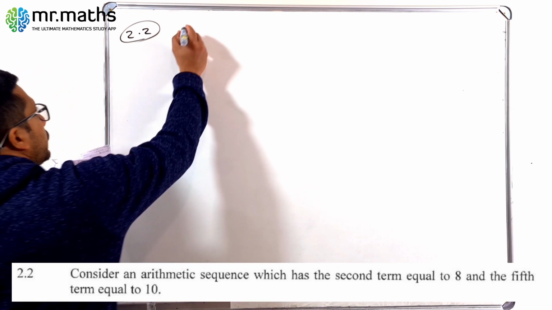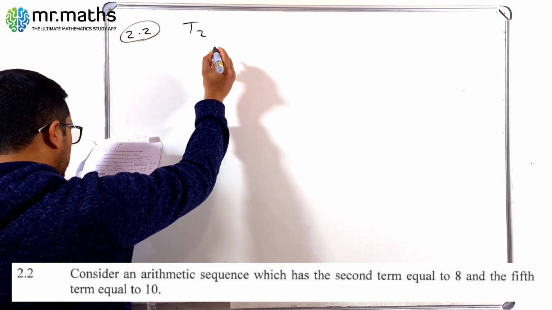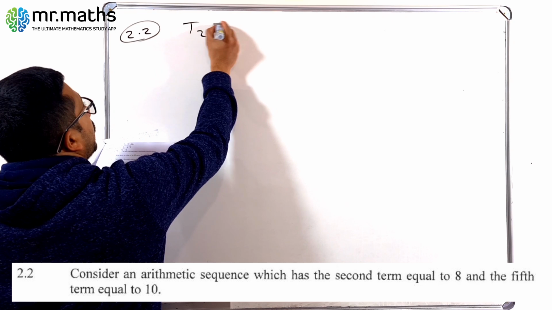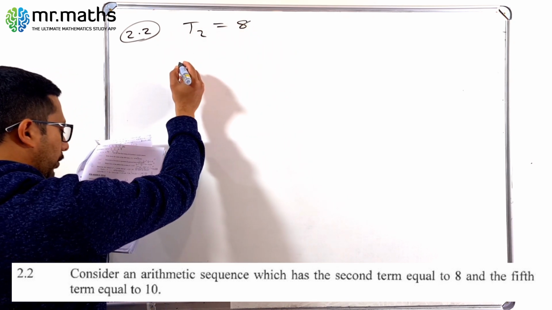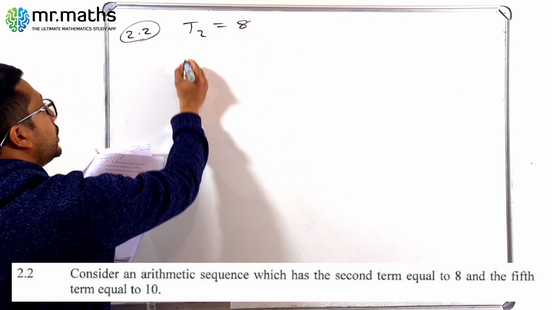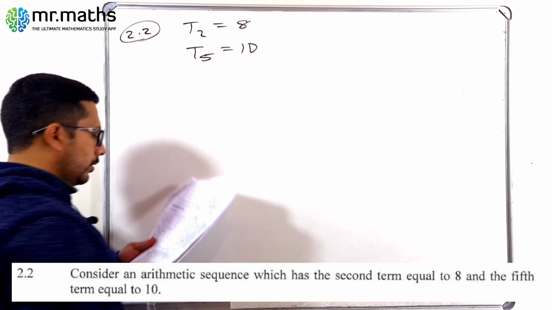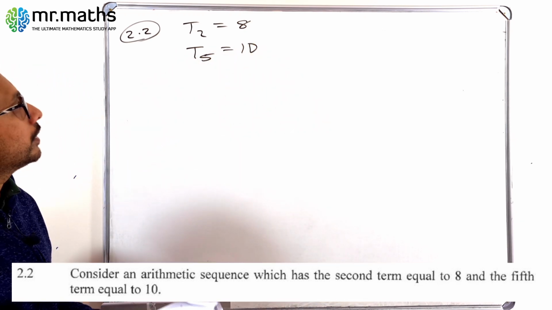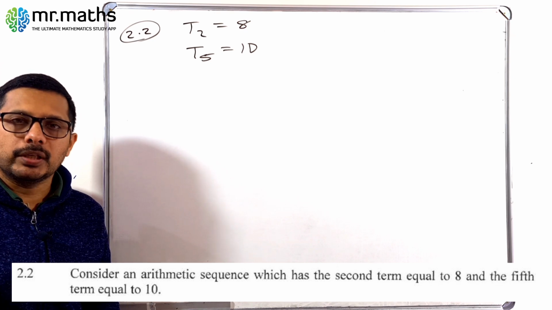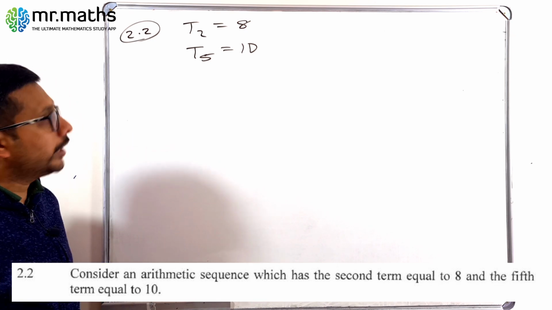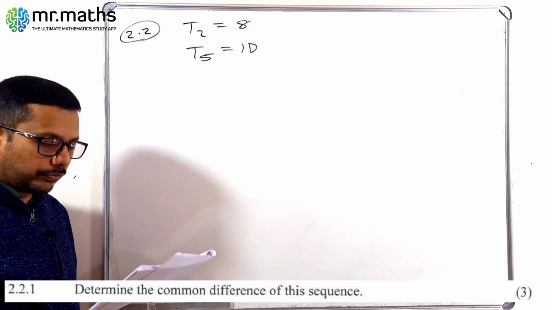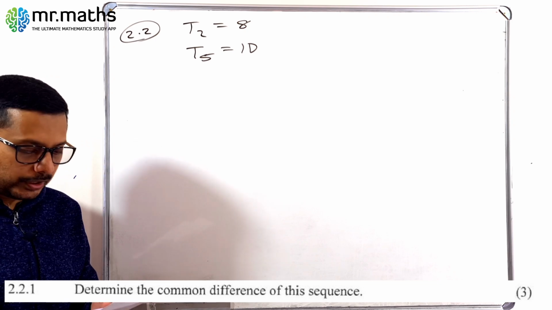So there is an arithmetic sequence and they are saying that the second term is 8 and the fifth term, T5, is 10. So this is what is given. Then based on that information we have to answer the remaining question.